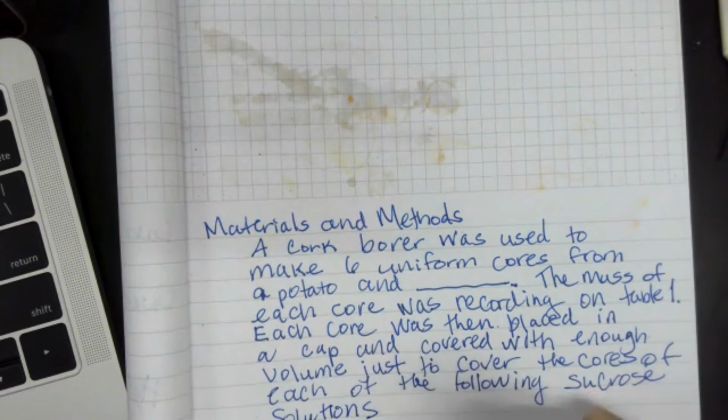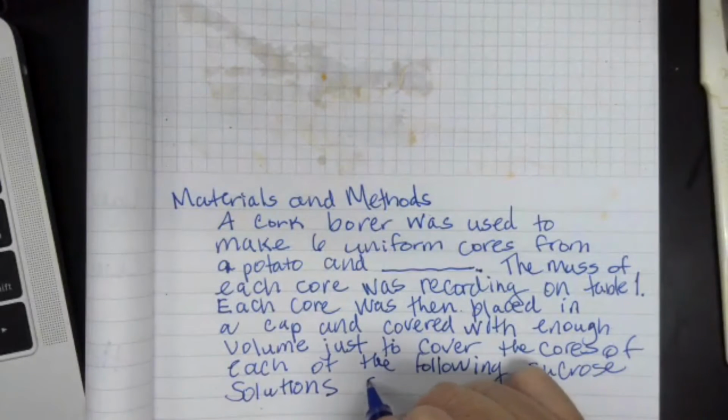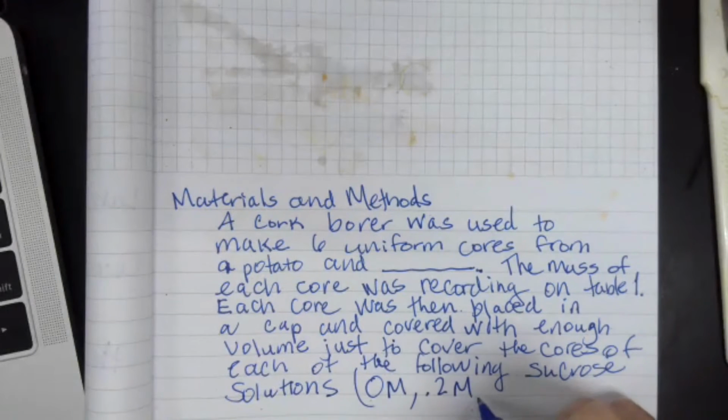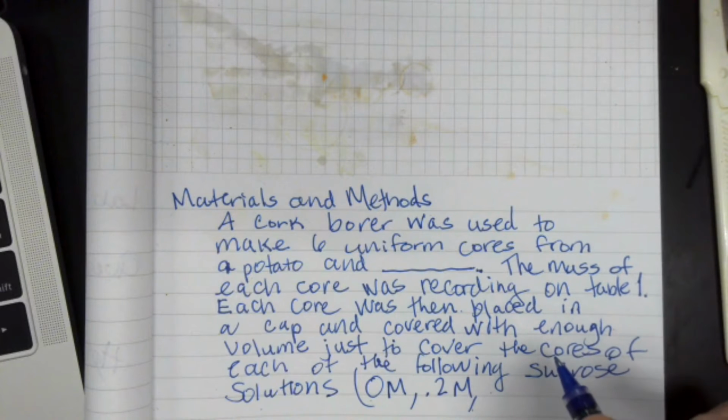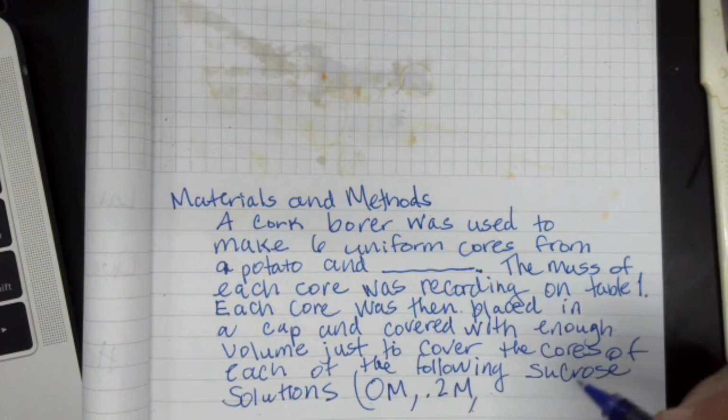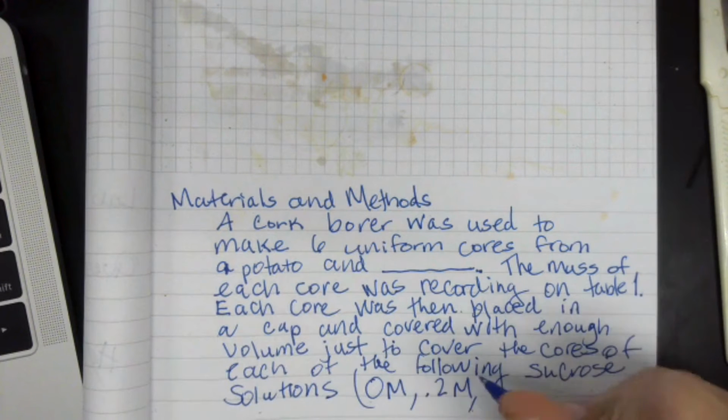Those solutions are going to be 0 molar, 0.2 molar. Each core is going to go into its own molar solution, and you're going to put both cores in the solution. I'll show you in a minute.